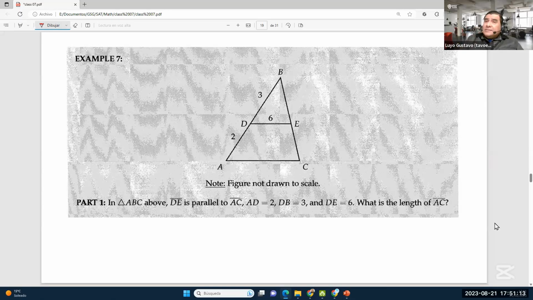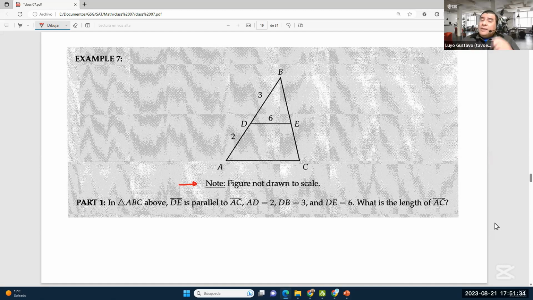So using this, you can solve questions like this, no problem. Be careful when they give you questions like this. For example, here there is a diagram, but it's accompanied by some note. It says figure not drawn to scale.